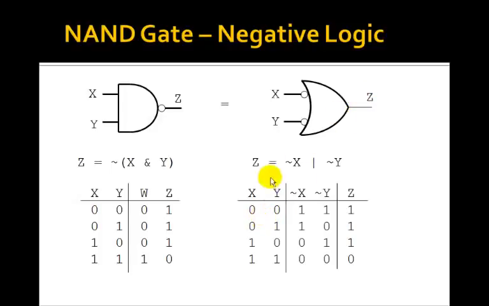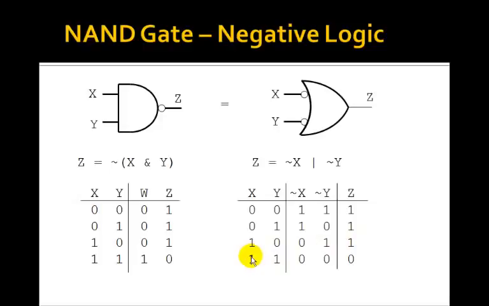So the inputs are active low, therefore this is really true, true, and the output is true. That's for an OR gate. True, false is true, again an OR gate. False, true, true, that's an OR gate.